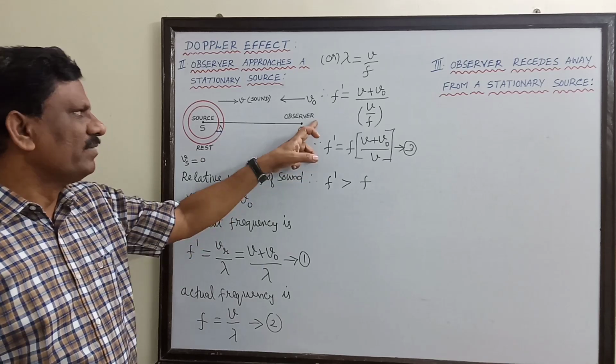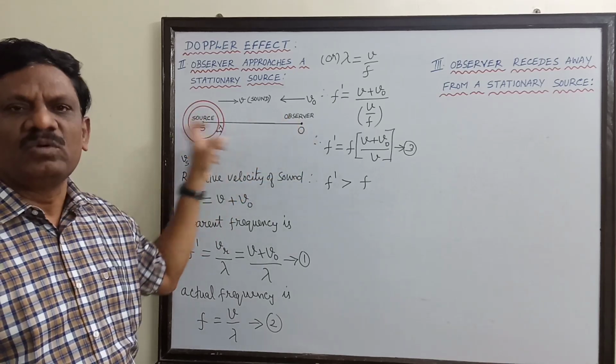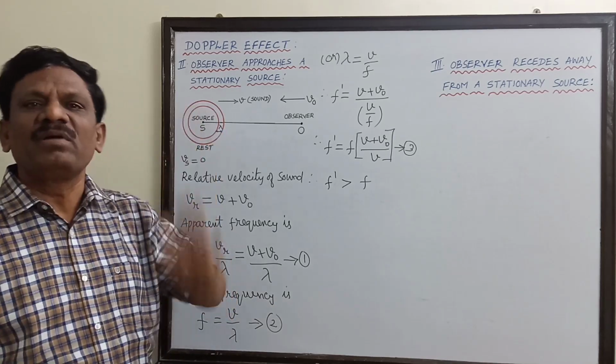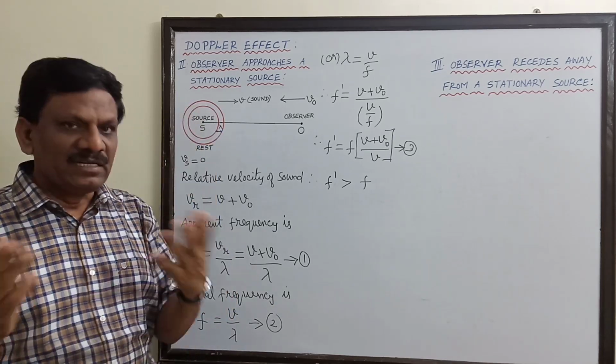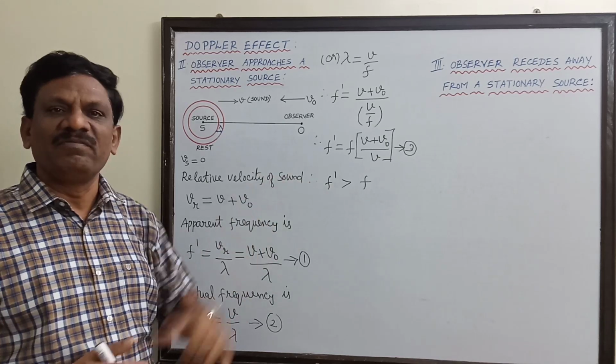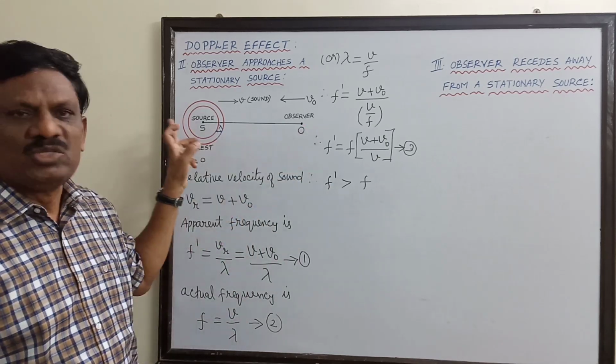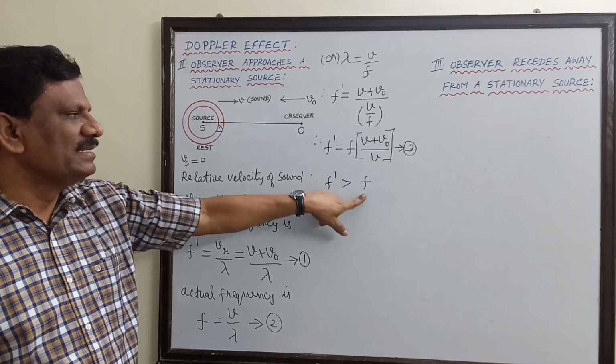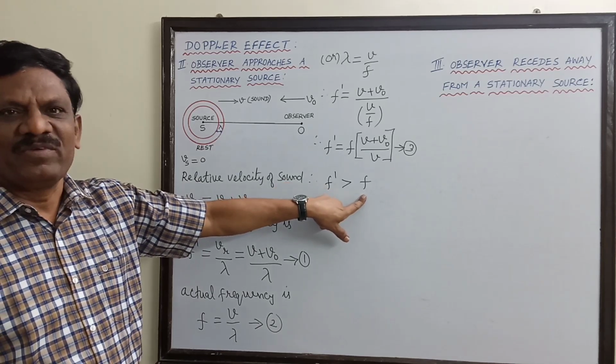So when the observer is moving towards a stationary source, he will definitely listen to more number of waves per second. That is why there is an apparent increase in the frequency when he is moving towards the stationary source. That is why here the apparent frequency is greater than the actual frequency.